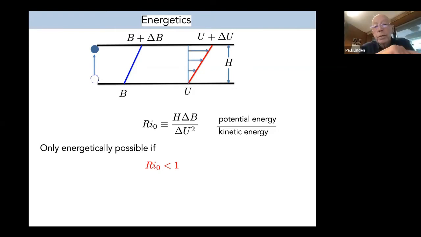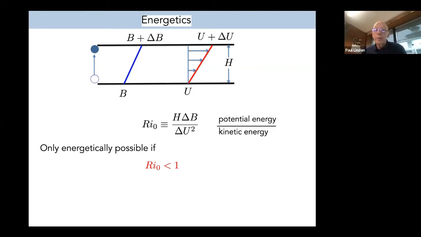Change in potential energy of that is essentially H times delta B. And the change in kinetic energy, if it reaches the top, is delta U squared. And so this Richardson number represents the ratio of the potential energy to the kinetic energy in that flow, roughly speaking. Not exactly, but close enough.